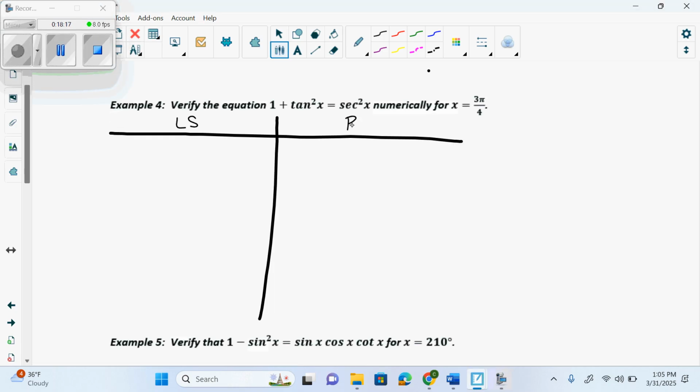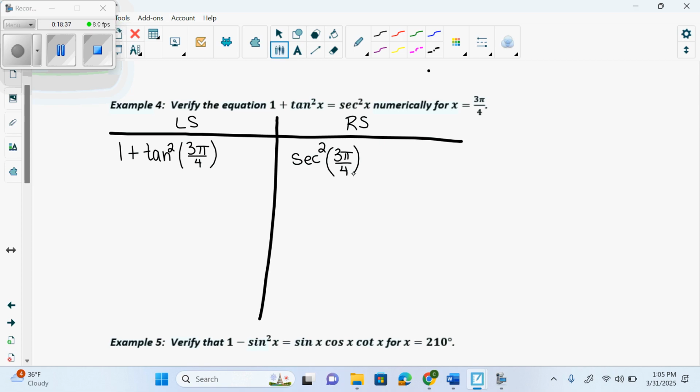LS, RS. Okay, so we should have on our first step 1 plus tan squared 3 pi over 4 equals secant squared 3 pi over 4.